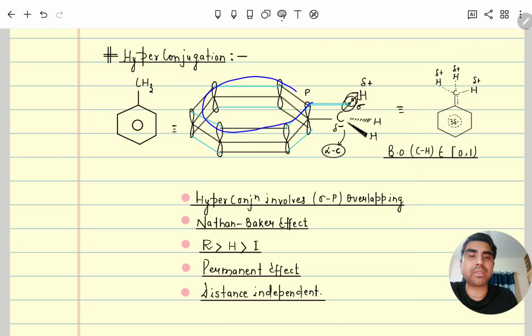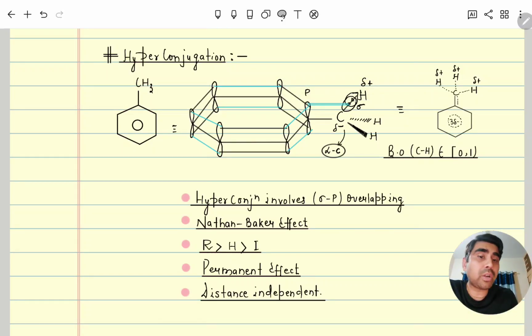Now here you can see this carbon is sp3, so two hydrogens are above and below the plane, and one is in plane with the benzene system. Here is the sigma bond carbon-hydrogen with 2 electrons, and in the p orbital there is 1 electron.